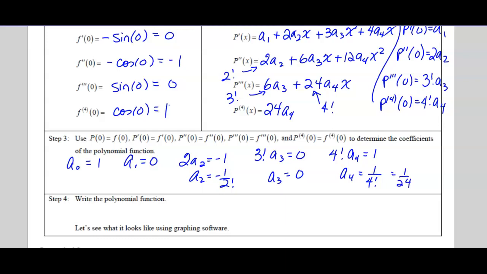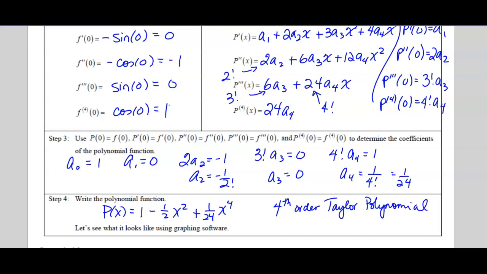Okay, so you can see a pattern in that. In terms of the polynomial function then, p of x equals 1 minus 1/2 x squared plus 1 over 24 x to the 4th. Because there are some coefficients that are 0, those terms actually go to 0. So this is a 4th order Taylor polynomial.